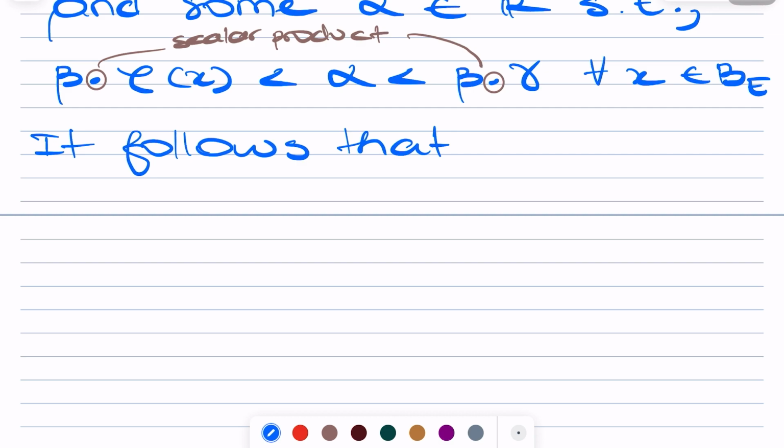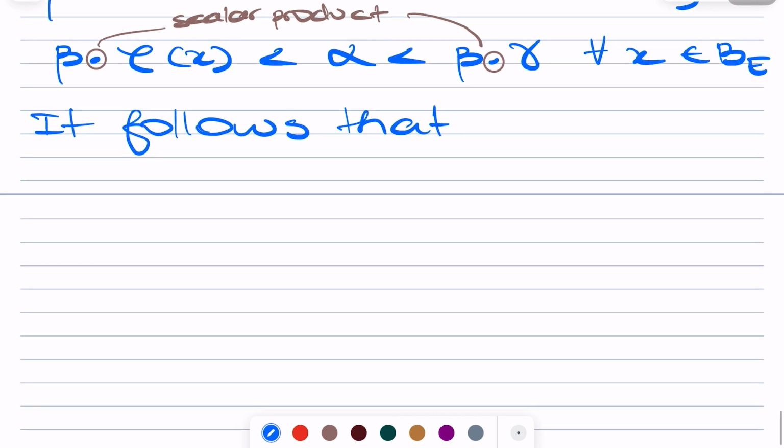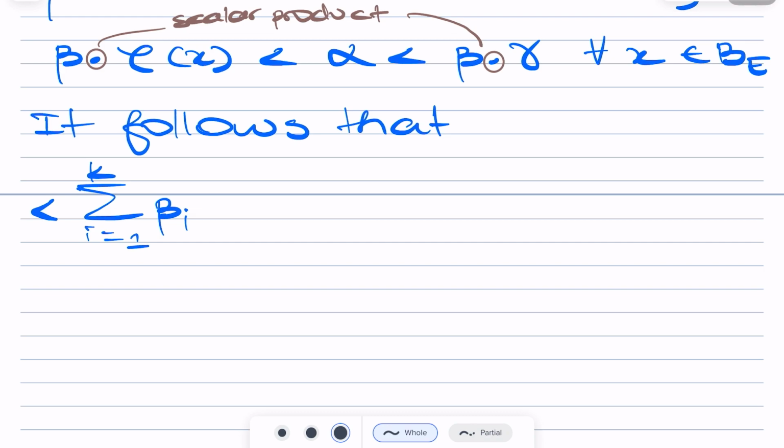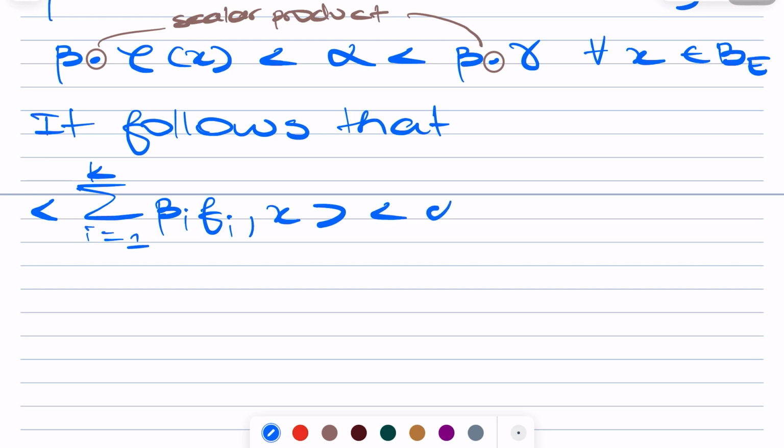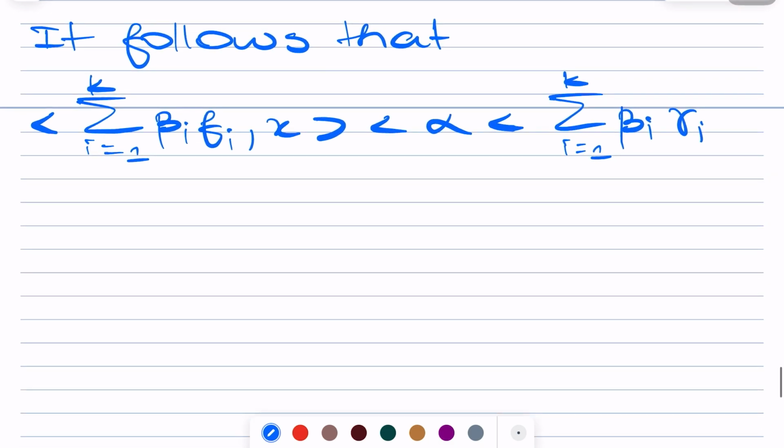So it follows that this dual pairing, the summation of i from 1 to k of beta_i f_i(x), is strictly less than alpha, which is strictly less than the summation of beta_i gamma_i from 1 to k, and of course for every x in the closed unit ball.